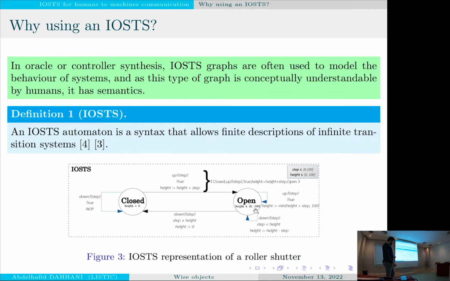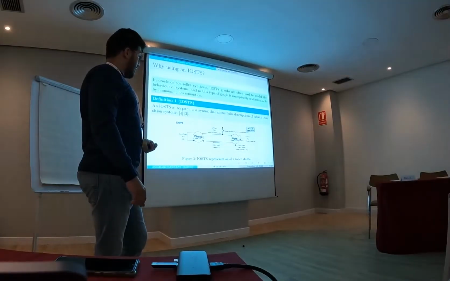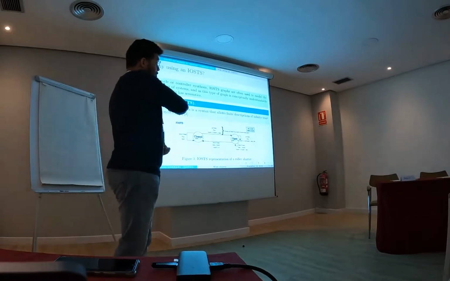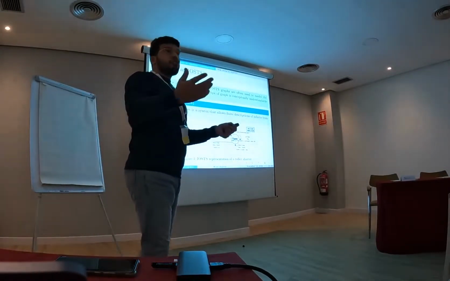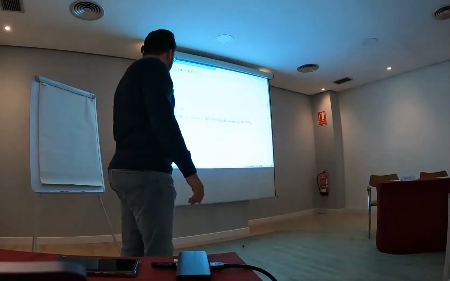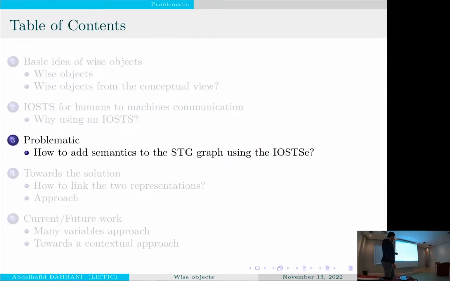The states depend on the value of the height: height equal 1, equal 2, equal 3, equal 4, and we end at 100. This is a lot of states. Here we have height equal to 0. This is one state. So we have two localities: closed has one state, and open has a lot of states. This formalism will be given by a developer or an expert.